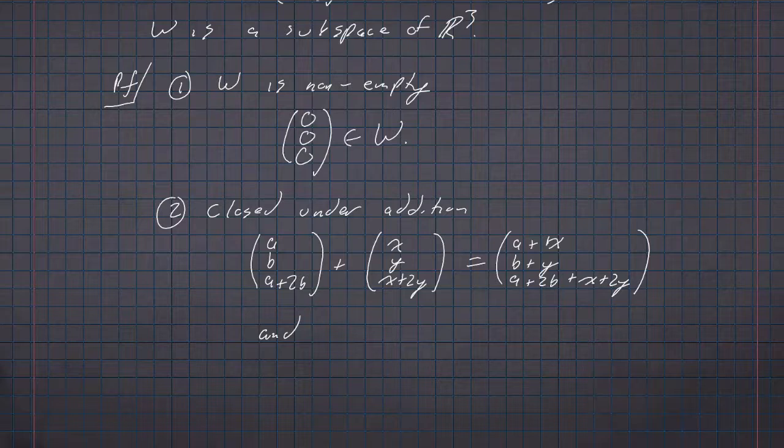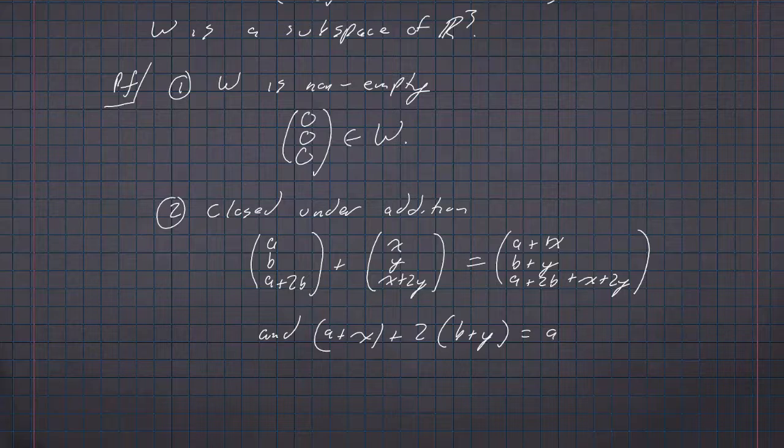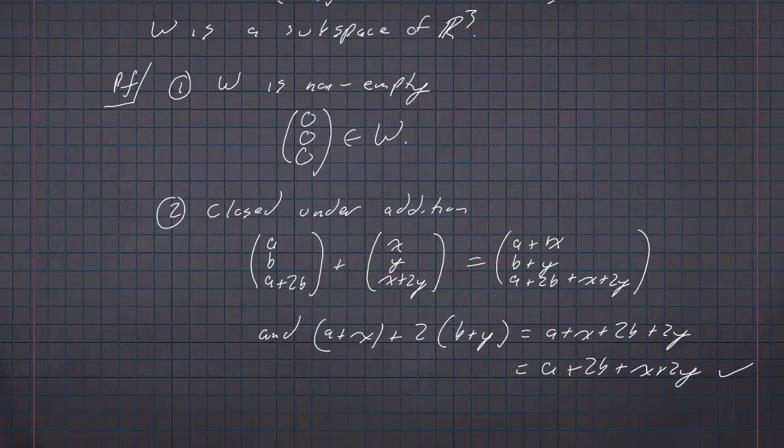And if we take the x component, a plus x, plus 2 times the y component, b plus y, we get a plus x plus 2b plus 2y, and we can use the commutative property and the associative property for adding real numbers to rearrange this as a plus 2b plus x plus 2y, which is exactly what that third coordinate looks like.